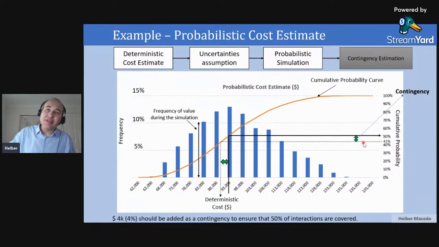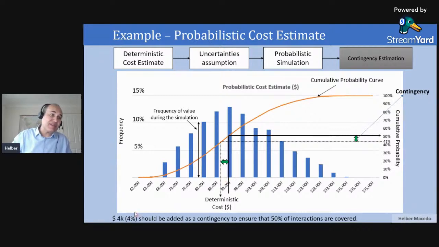So the difference between my deterministic number and the point in the curve that the leadership chose, P50, this difference will be my contingency. The decision could be P70 or P80, and the difference between that number and my deterministic cost will be my contingency.